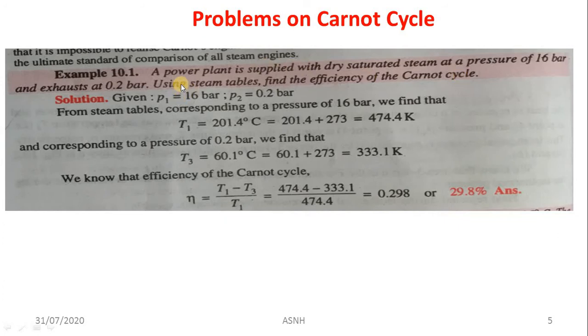I repeat once again. A power plant is supplied with dry saturated steam at a pressure of 16 bar and exhaust at 0.2 bar.